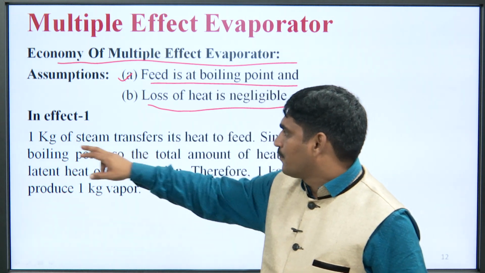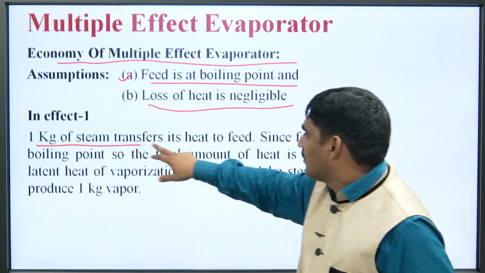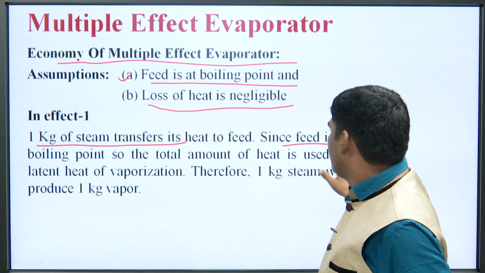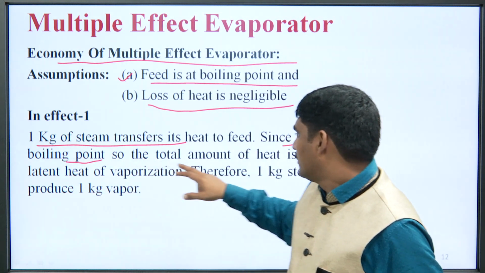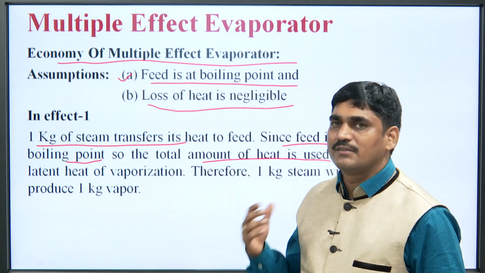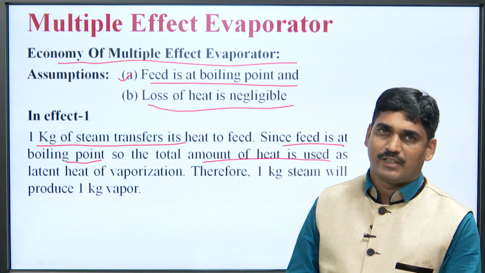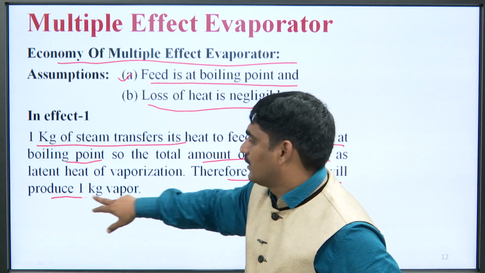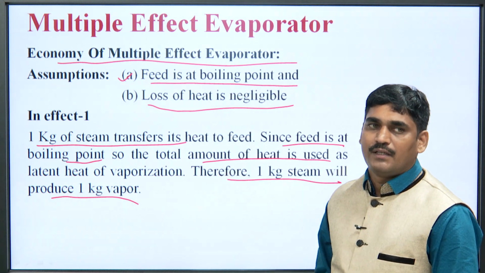In effect 1, 1 kg of steam transfers its heat to the feed. Since the feed is at boiling point, the total amount of heat is used as the latent heat of vaporization. Therefore, 1 kg of steam will produce 1 kg of vapor in effect 1.